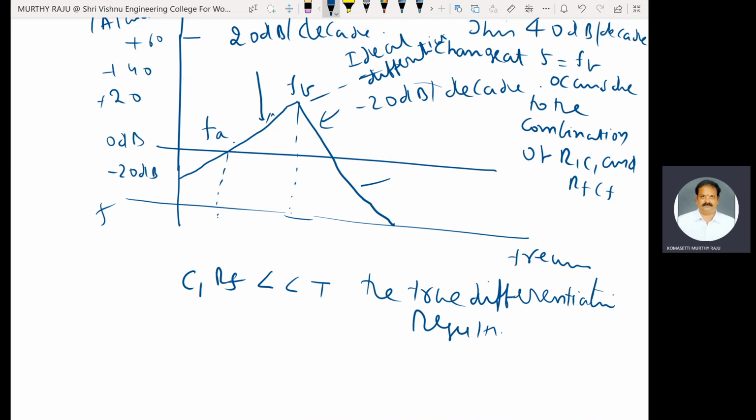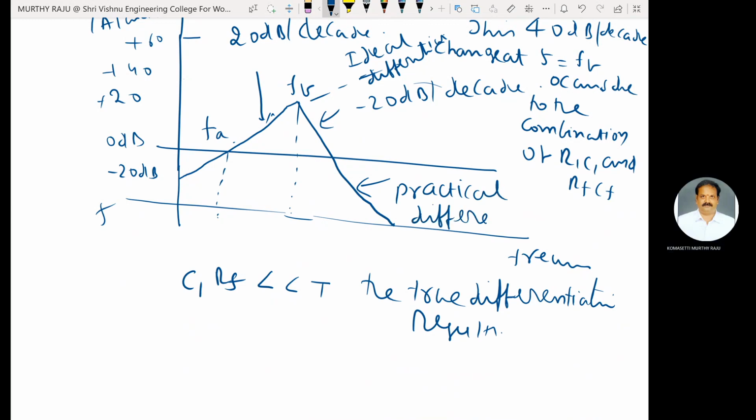This one is a practical differentiator. Due to the addition of R1 and the CF components to the ideal differentiator circuit, instead of increasing the gain in this direction, it automatically decreases at the rate of minus 20 dB per decade.